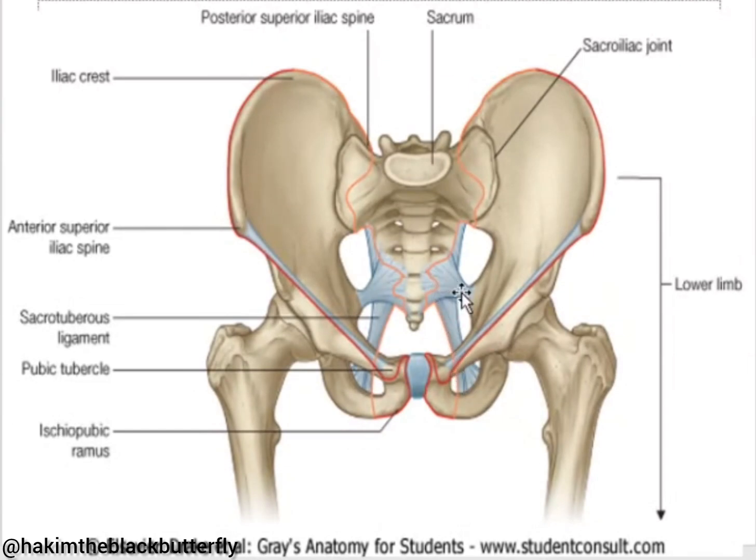So the sacrospinous ligament and the sacrotuberous ligament are going to convert the greater sciatic notch and the lesser sciatic notch into a greater sciatic foramen and a lesser sciatic foramen.